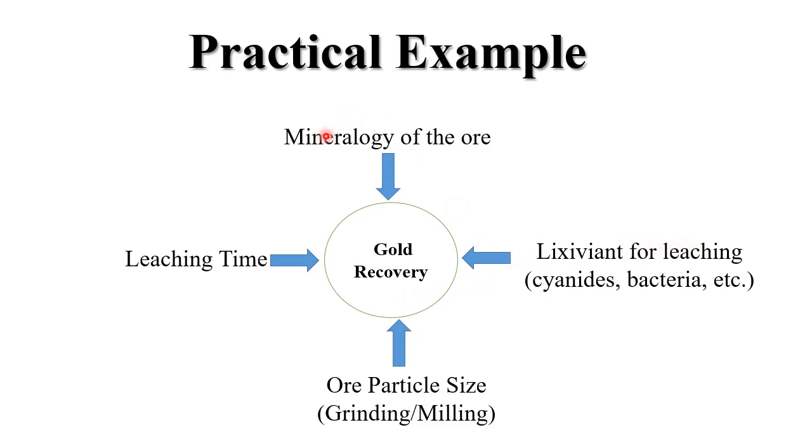So we have mineralogy of the ore, leaching time, ore particle size, lixiviant for leaching. Now this model says that these variables influence gold recovery. So we can then say that these variables are the independent variables and gold recovery is the dependent variable.